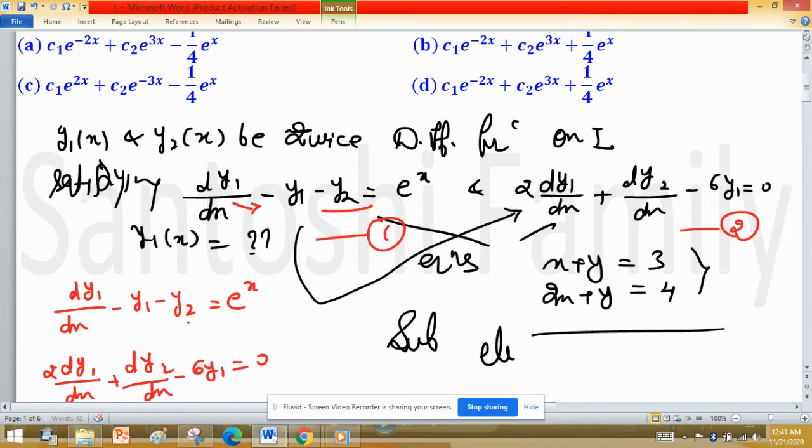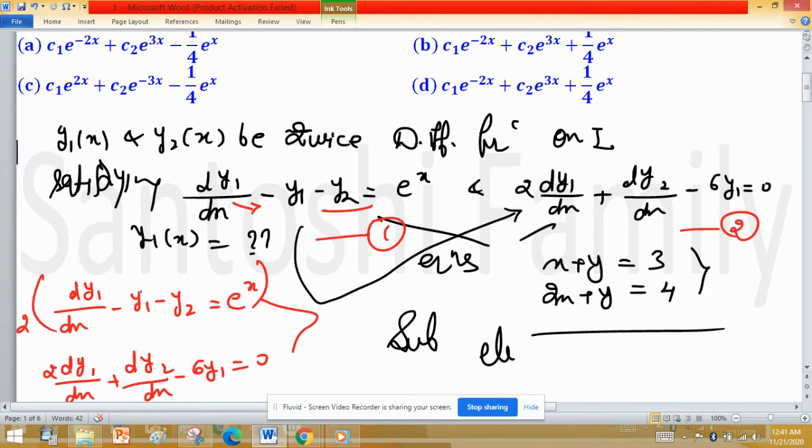If you want to approach by the elimination method, multiply equation 1 by 2 to make the coefficient of dy1/dx the same, then this will cancel out, but y2 and y1 remain or are obtained again and again.